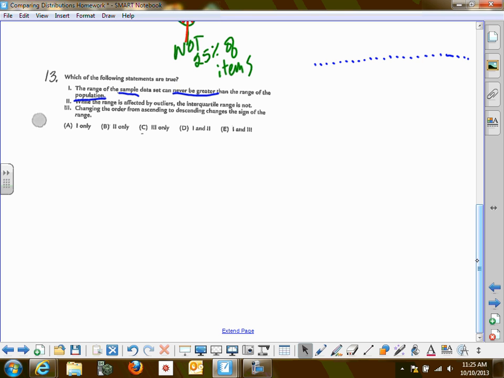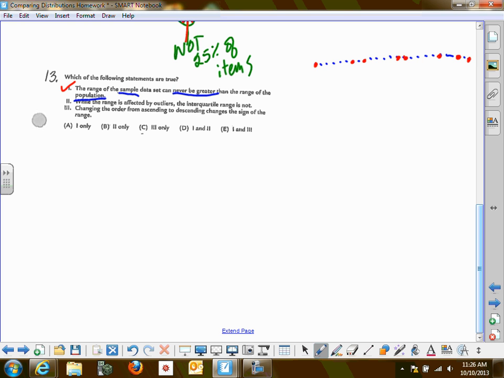Now I'm going to make a sample of points, in red. I could have even picked this top one. But is it possible that the sample range is larger than the population's? No, because it comes from the population, so it can't be any bigger. It could be as big, but it cannot be any bigger. So this is true.